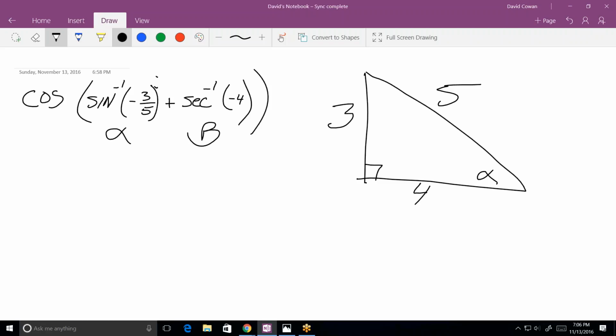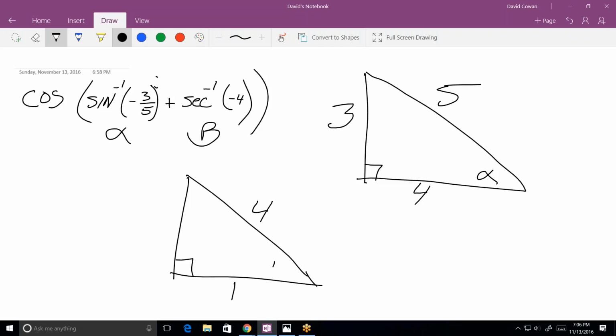Now, let's draw a triangle for the secant one. It's not a triangle that we're particularly familiar with, but I know the secant is hypotenuse over adjacent, so that's got to be 4 over 1, right? And this is beta.